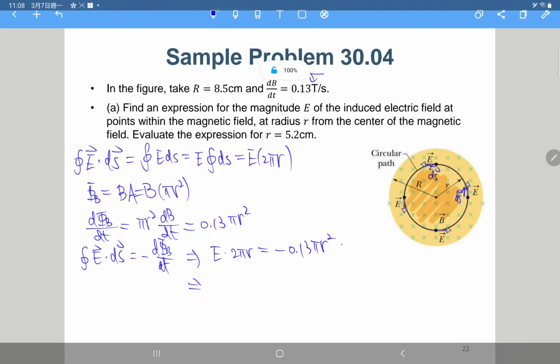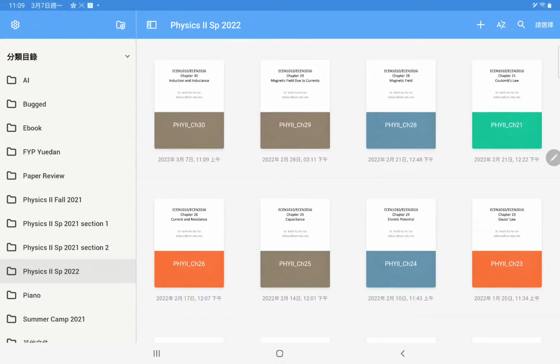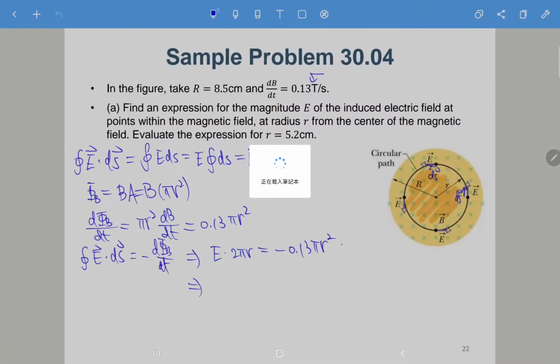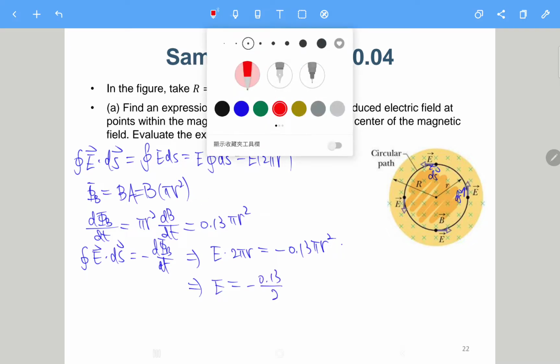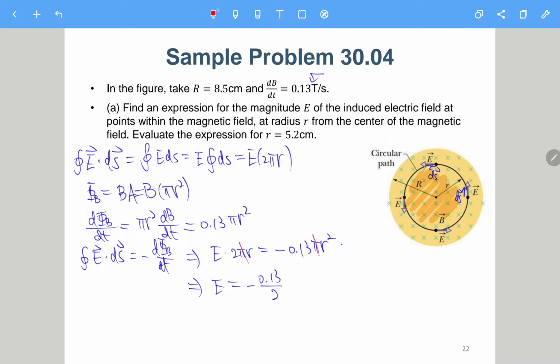Then we can make some cancellation so that we can get E equals negative 0.13 over 2. Pi and pi can be cancelled. This r can be cancelled with this one.